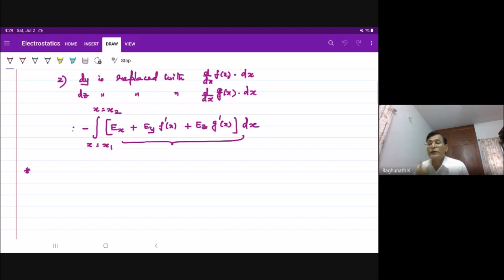In the opposite case, where I'm moving from A to B, we are talking about VBA only, VB with respect to VA. If you are moving in the direction of the field, the field is doing the work, because of which the integral should return the negative value. VBA need not be always positive. It can be negative also, we know that.